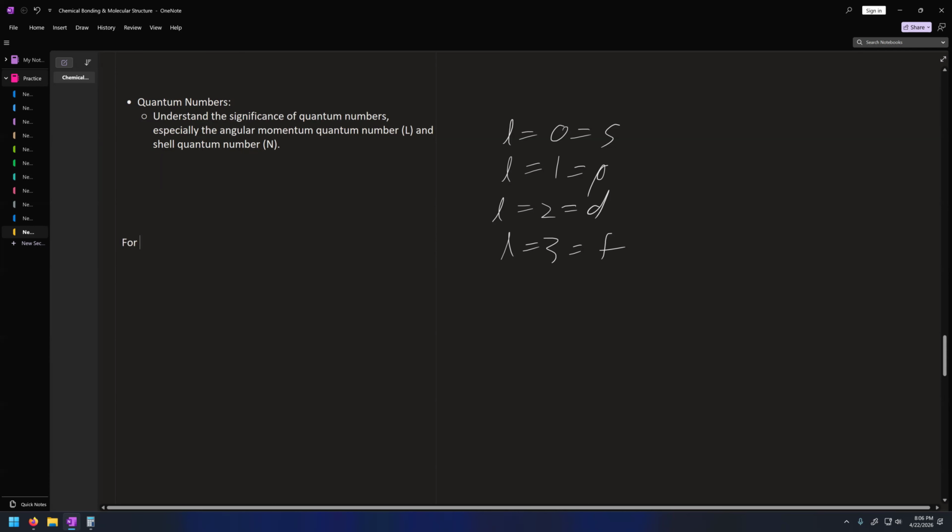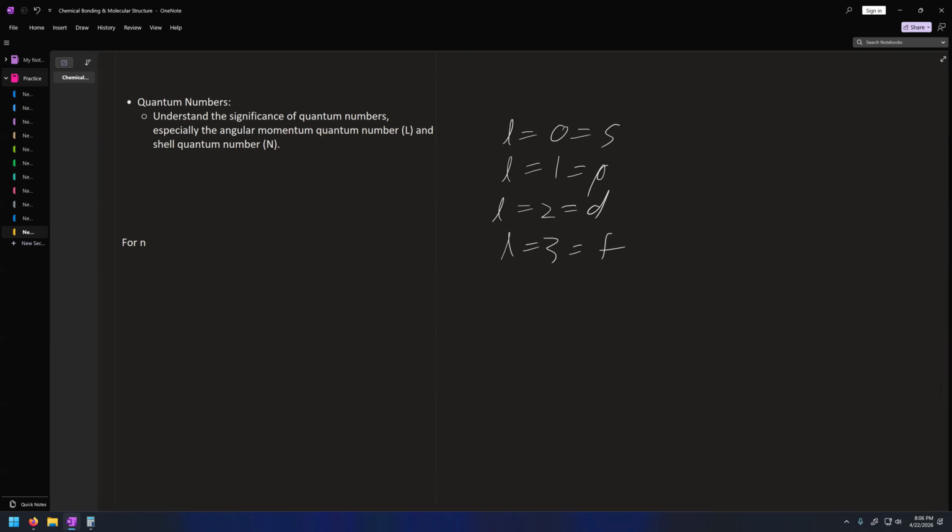Actually, I'll combine both problems. So for an N of 3 and L of 1, which elements' valence electron could these describe?